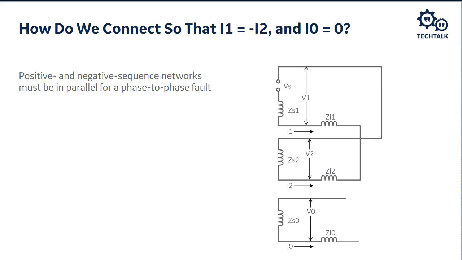The only way we can connect these networks together is the way I show on the screen here. The positive sequence network and the negative sequence network are involved, but as you can see, there's no connection to I0, so we won't be able to measure any zero sequence quantities.